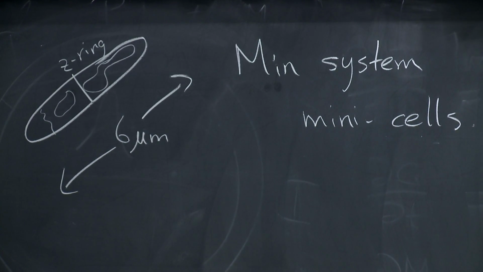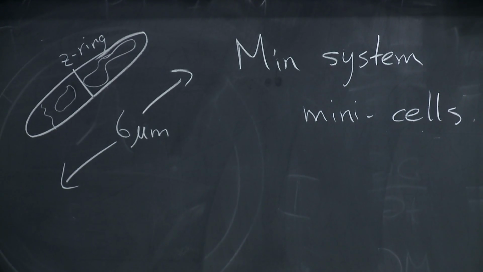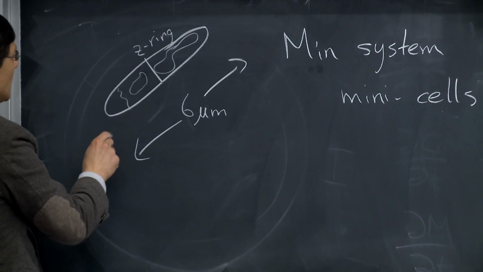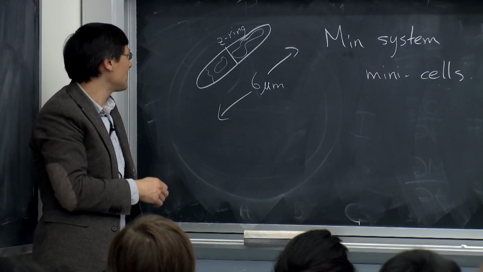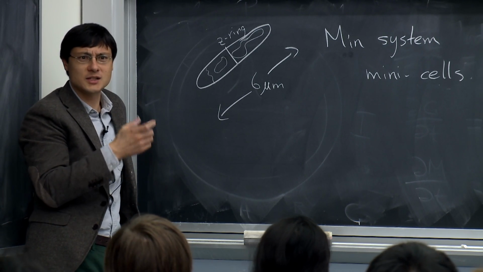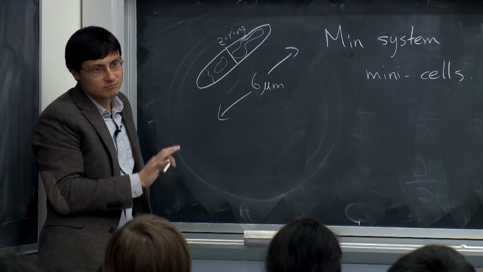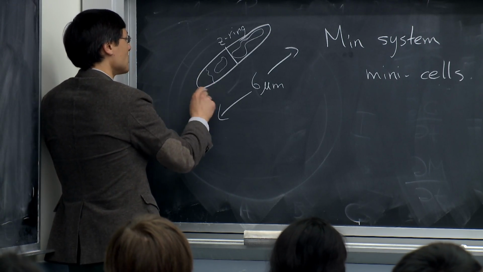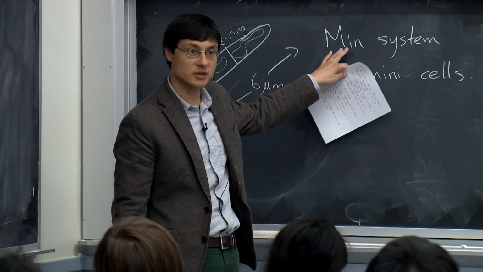And are those mini cells going to do well for the long term? No. They can actually survive for a little bit, and people have argued that maybe they could be useful for synthetic biology because they still make proteins, but they're not going to take over the world because they don't have any DNA.